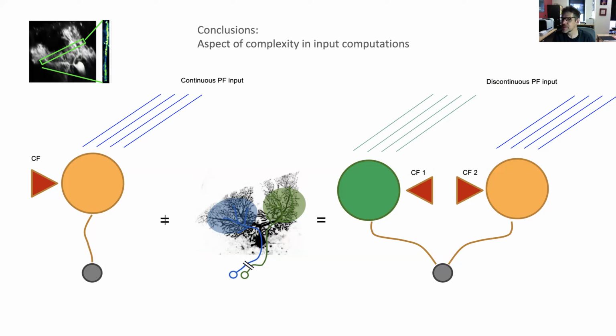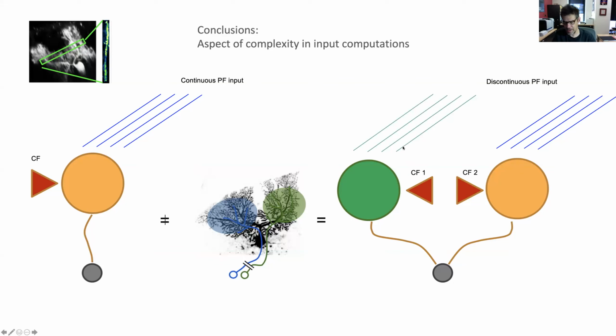The answer to what the double or multiple climbing fiber innervation might do might be in that context pretty simple. They're just providing matching climbing fiber inputs, matching climbing fiber receptive fields, to match the corresponding climbing fiber information to those parallel fiber information contents that are delivered here.